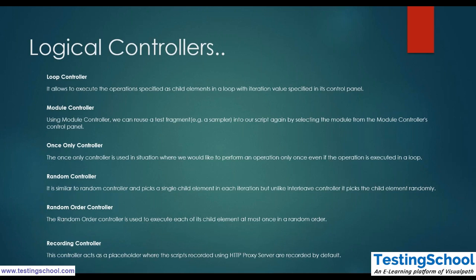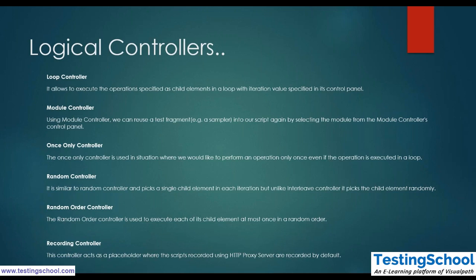Next is random controller. It is similar to interleave controller. The only difference is that in interleave controller the execution will be sequential, but in random controller it will take the samples on a random basis. Then we have random order controller.